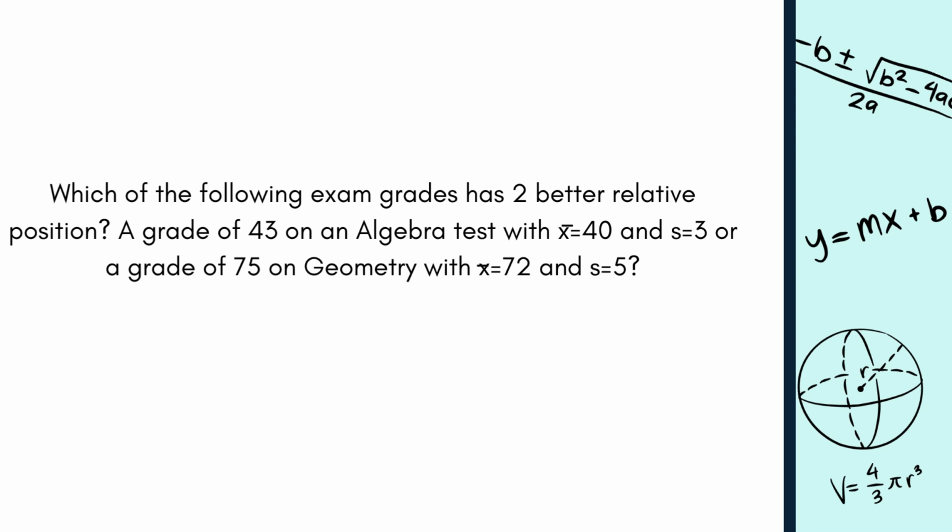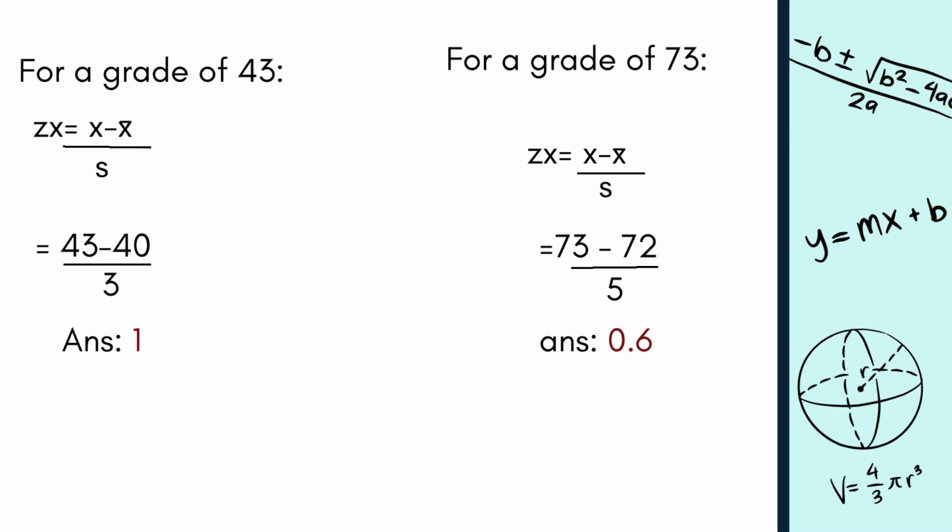Next: which of the following exam grades has a better relative position? A grade of 43 on an algebra test with a mean of 40 and a standard deviation of 3, or a grade of 75 on geometry with a mean of 72 and a standard deviation of 5. In order to find which exam grade has the better relative position, we need to find the z-score of the two tests.